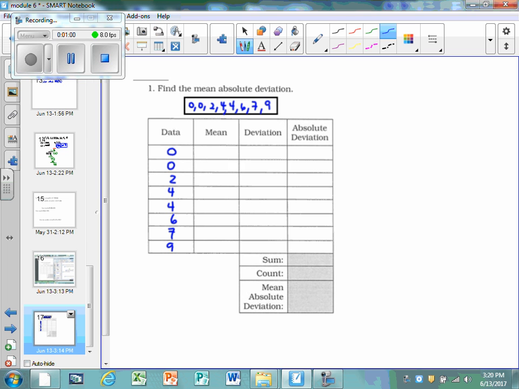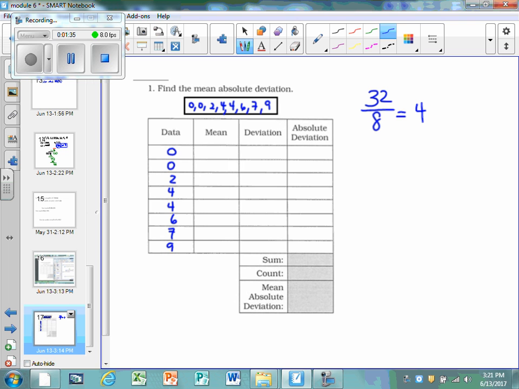So 0 plus 0 is 0, 2 plus 4 is 6, 6 plus 4 is 10, 10 plus 4 is 16, 16 plus 7 is 23, 23 plus 9 is 32, so we have 32 as our sum here, and we're dividing by 1, 2, 3, 4, 5, 6, 7, 8, so 32 divided by 8 equals 4, so that is our mean.